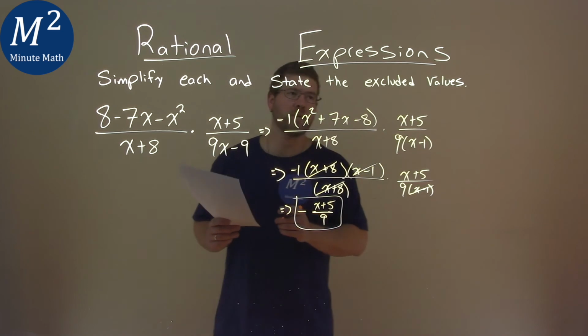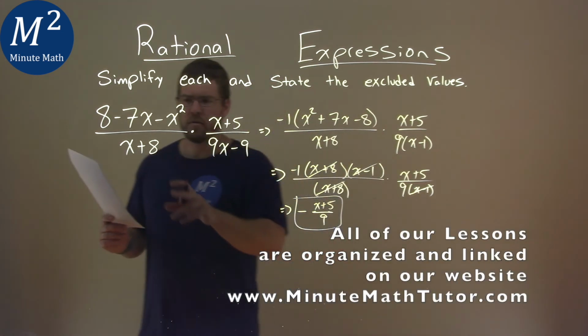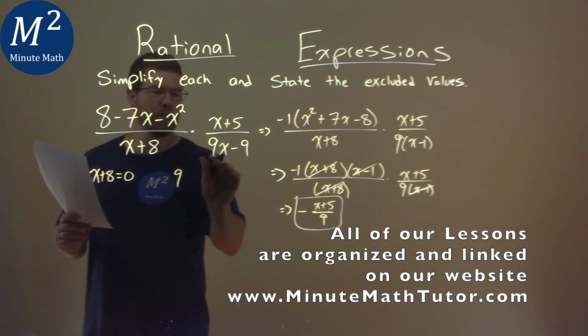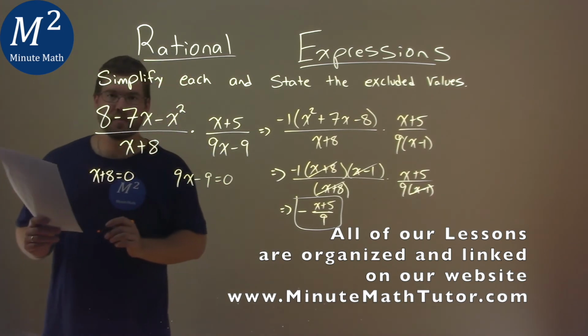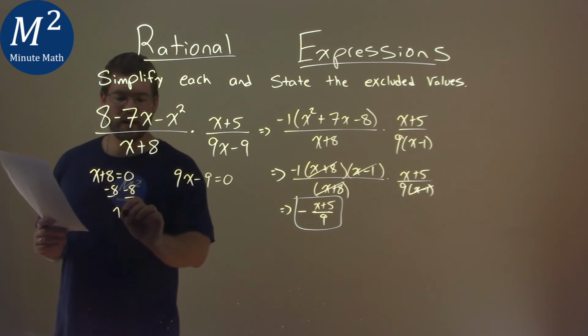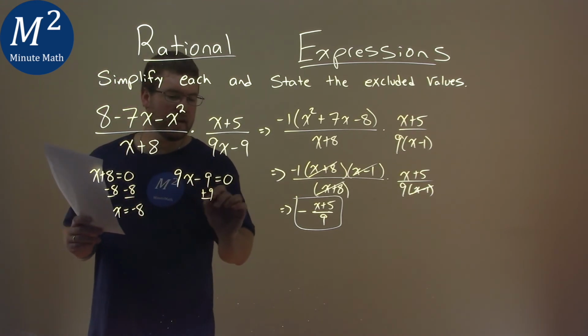But we have to find our excluded values, and that's when our denominator is equal to 0. So to do that, we take our x plus 8 here, set it equal to 0, from our original expression, and 9x minus 9 equal to 0. And we solve each one individually. Subtract an 8 to both sides, and we have x equals a negative 8. Let's go add a 9 to both sides.